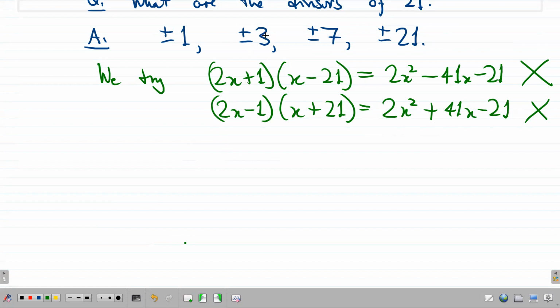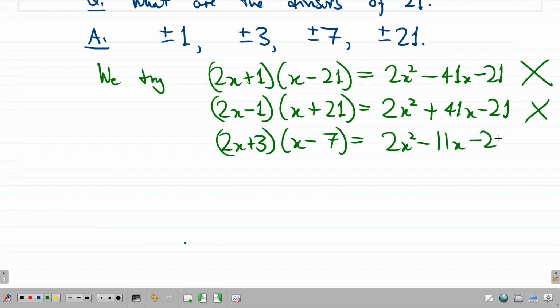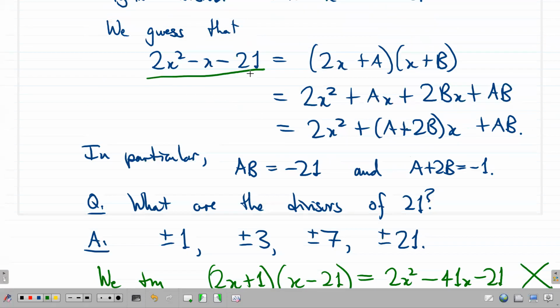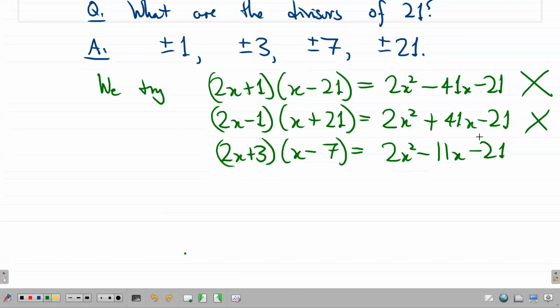What else could we have? We could have capital A equal to plus 3. If capital A is plus 3, then capital B has to be minus 7. Multiply that out, see what you get. You get 2x squared minus 11x minus 21. How does that compare? Nope, that doesn't work. Then we have 2x minus 3, x plus 7.